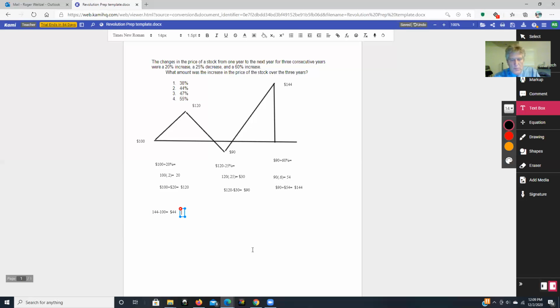If we want to calculate the percentage, that's going to be $44 divided by $100, and that is going to be, if we convert that into percent, 44%. So our total gain over this time period, we went up 20%, we went down 25%, we went up 60%. The total gain from here to here is 44%.